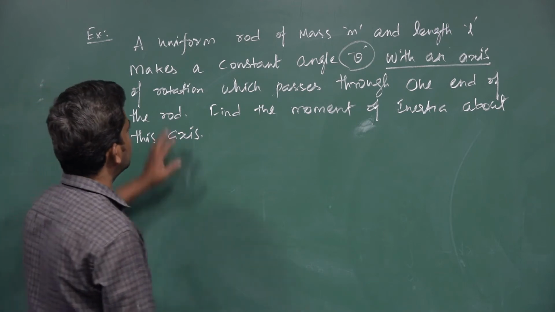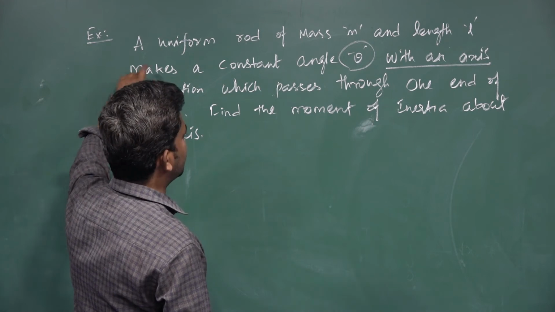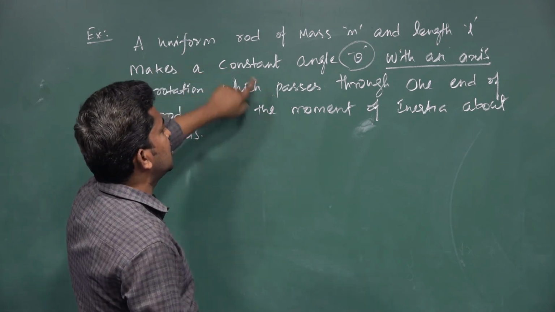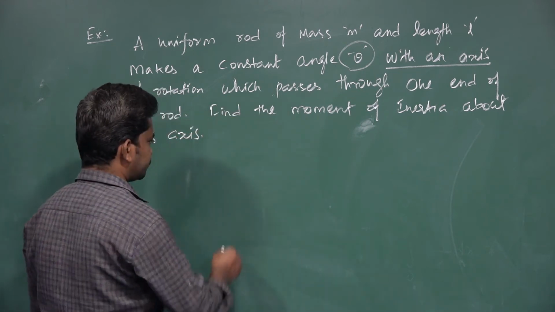What is this diagram? A uniform rod of mass m and length L makes a constant angle theta with an axis of rotation which passes through one end of the rod.